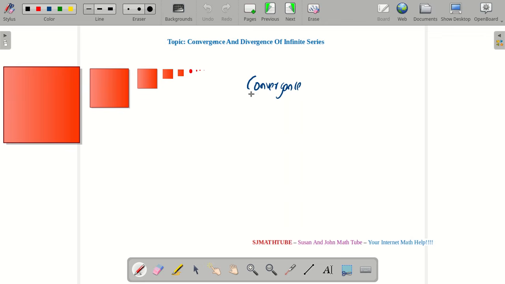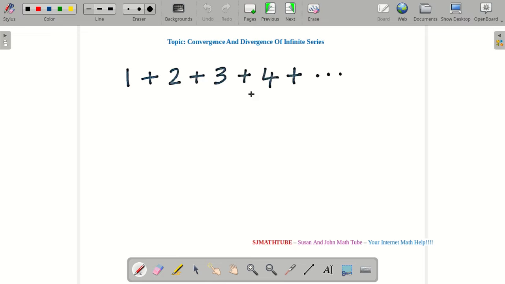Now let's move on to some numbers. Take a look at this series. Do you know what a series is? I want you to take a look at this pattern or sequence: 1, 2, 3, and so on. This is called a sequence, and a series means the sum of all the terms in this sequence.